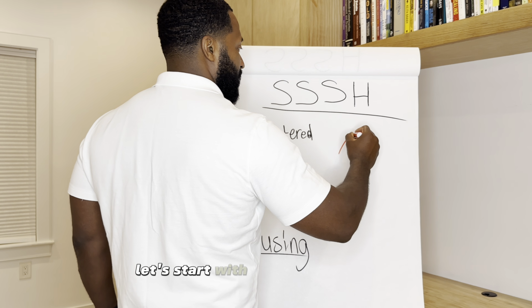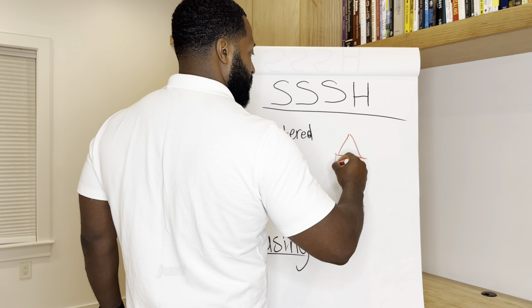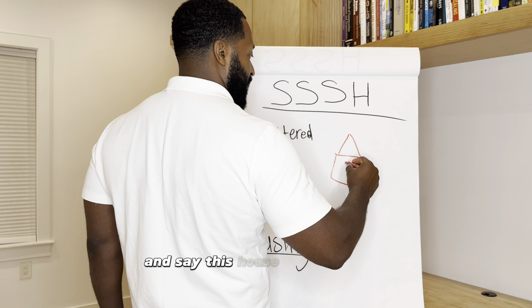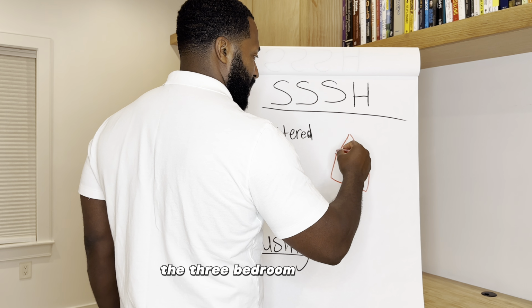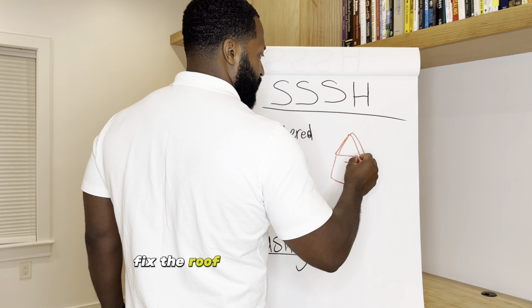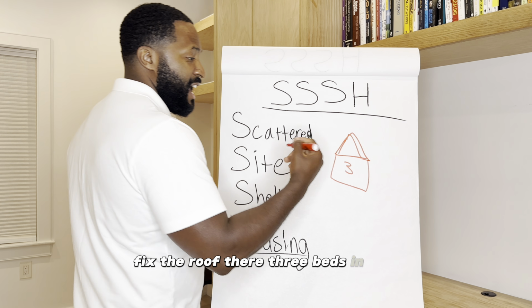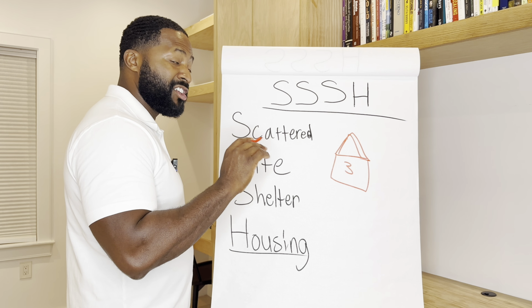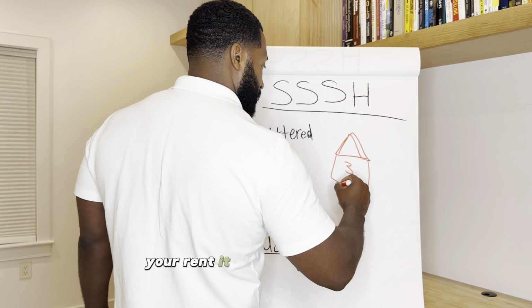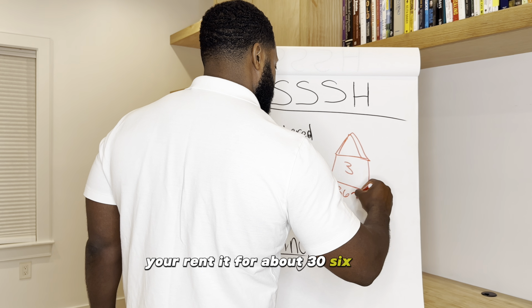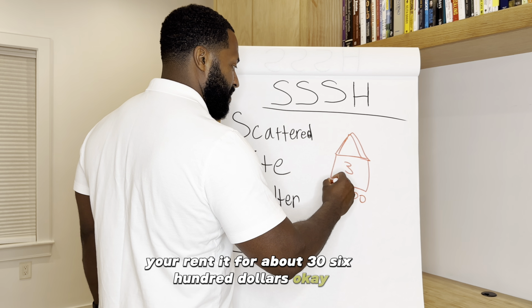Let's start with your traditional, just a single family house, and say this house has 3 bedrooms, right? A 3-bedroom house. 3 beds in my region, Boston, to Section 8, by the way, you'll rent it for about $3,600, okay?